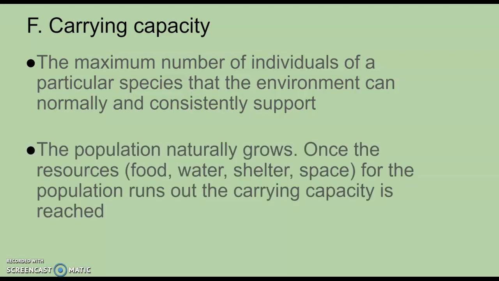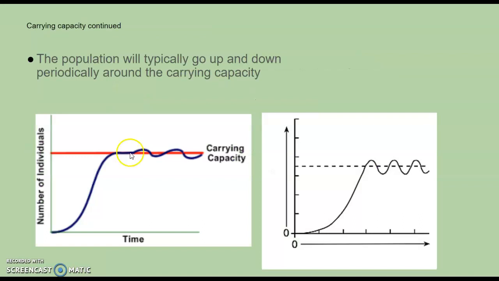The population naturally grows. Once the resources for the population run out, the carrying capacity is reached. As my population is growing, it's going to reach a point where it can't hold any more. The capacity is full. Therefore, the population is going to level out as we saw. So this point is called the carrying capacity.